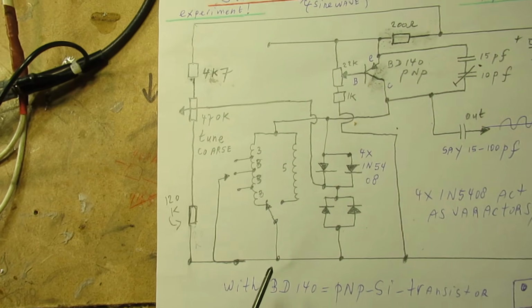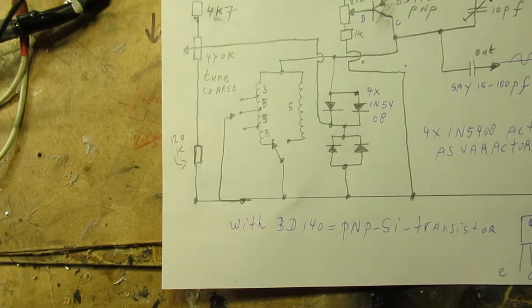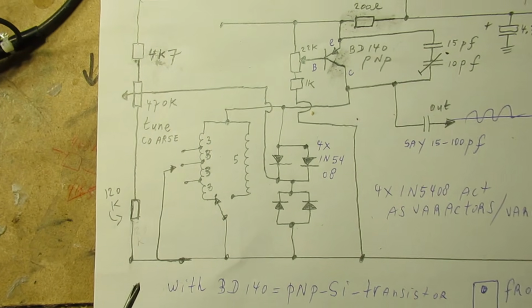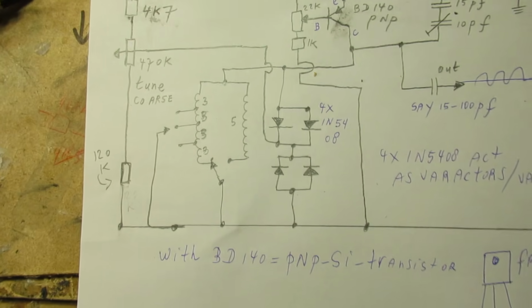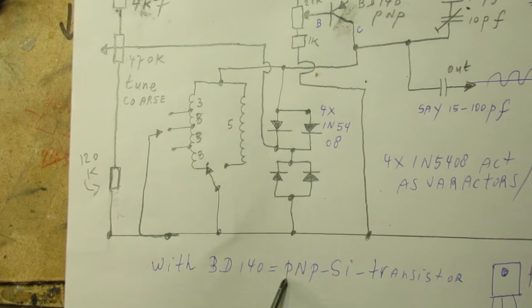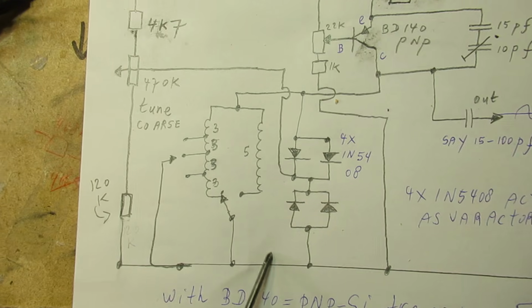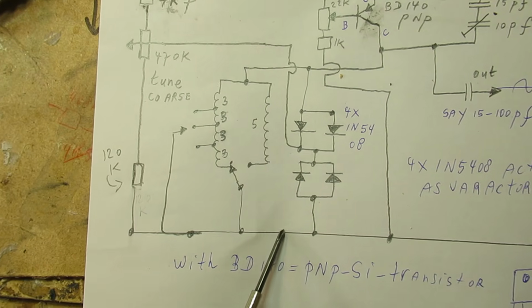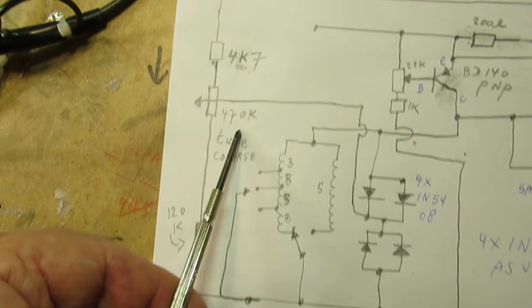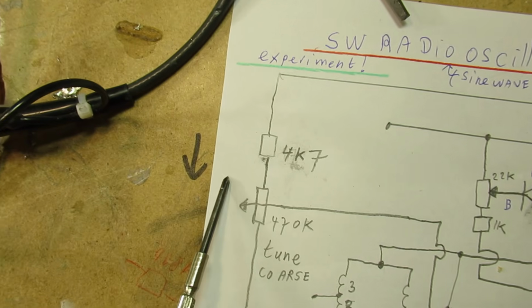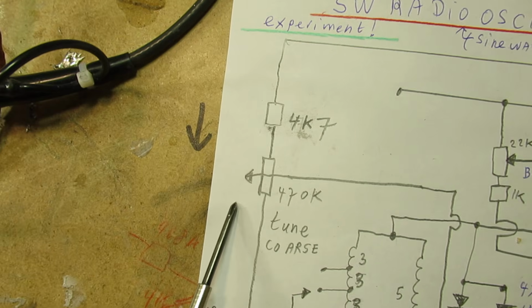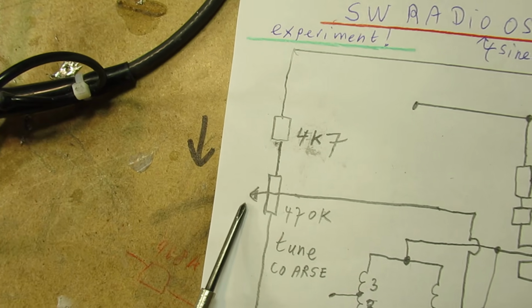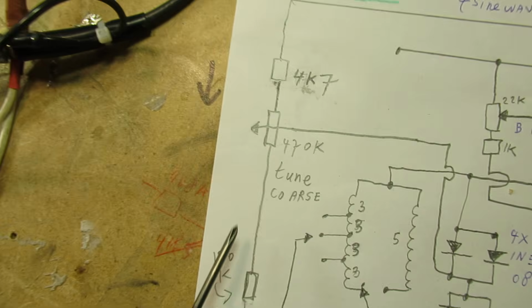You can also use another silicon diode, a standard diode, to be used as a variable capacitor. That variable capacitor gets its voltage here via that 4K7 potmeter and 470 kilo ohm tuning capacitor.